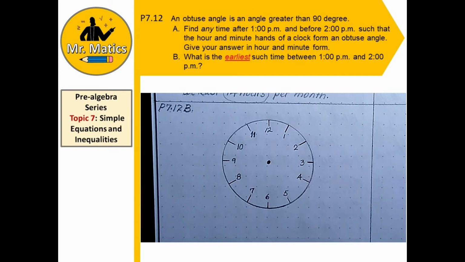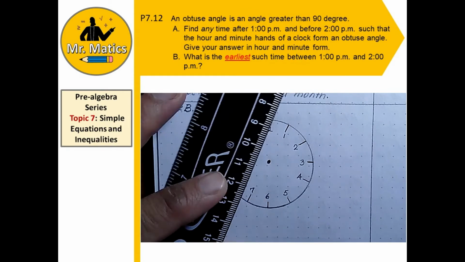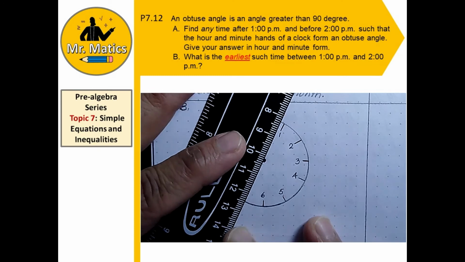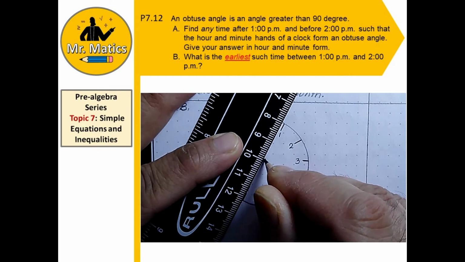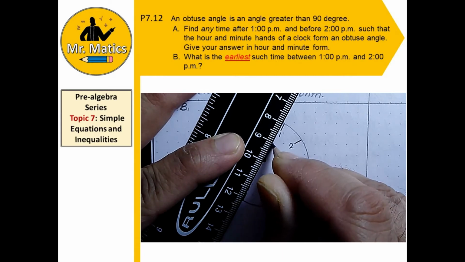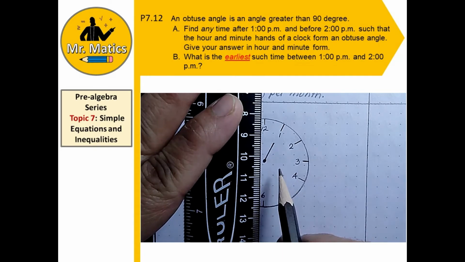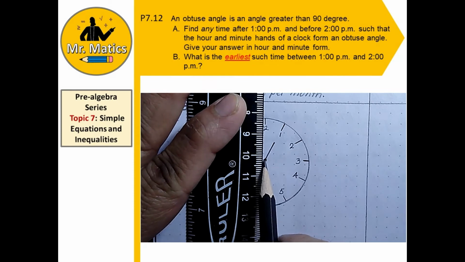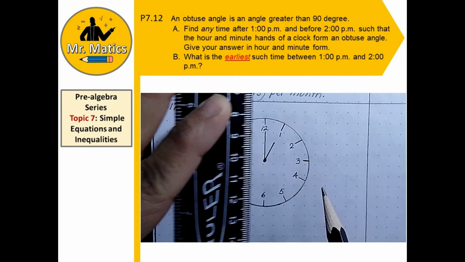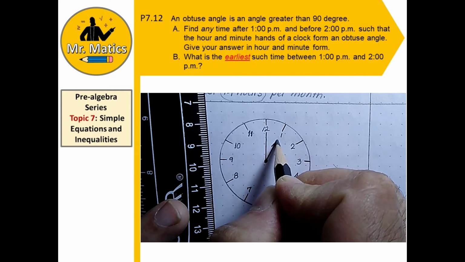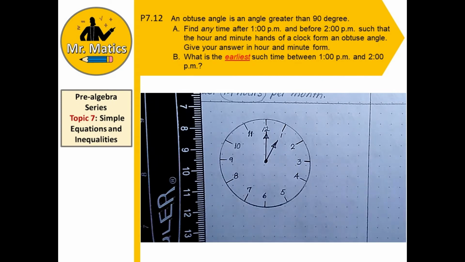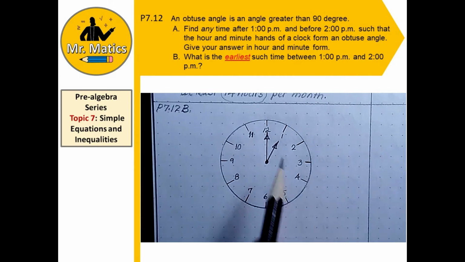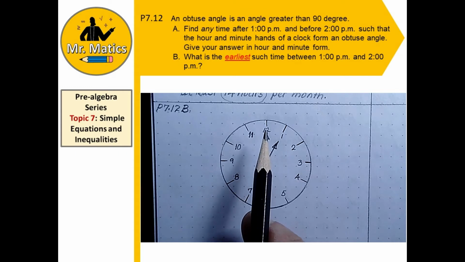In order to do that, let's start from 1 o'clock. At 1 o'clock, the hour and the minute hands are located just like this. The hour hand is pointing to the 1 hour mark, and the minute hand is pointing to the 12 hour mark.